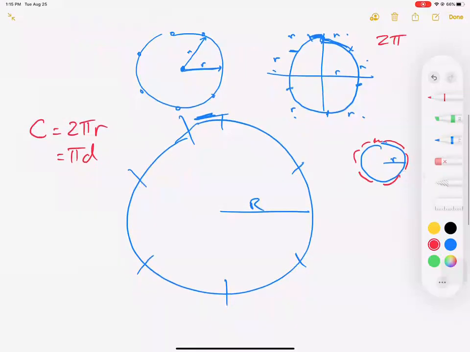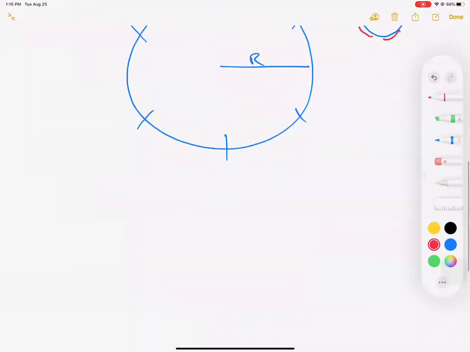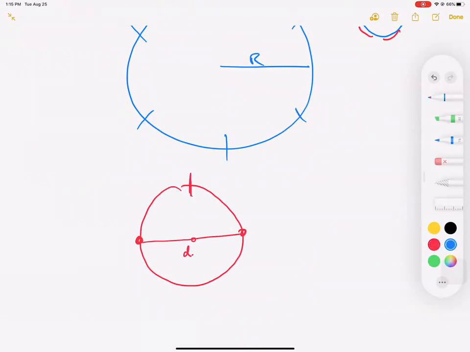Now, another way of looking at this is using diameter. If I took any circle and I drew a line between one point across the center to the other, this is the diameter. So how many diameters fit across the circumference of the circle? If I start at the top and I lay my first diameter, it would look about something like this.